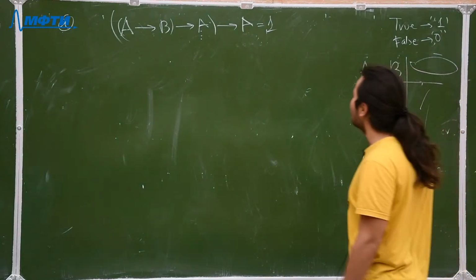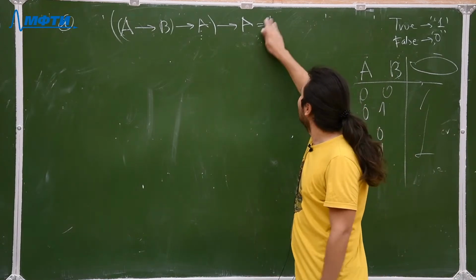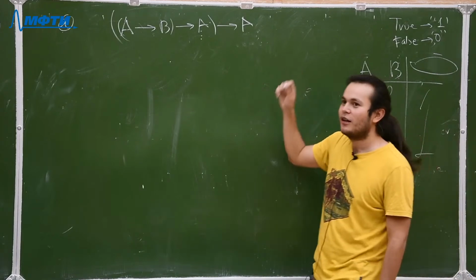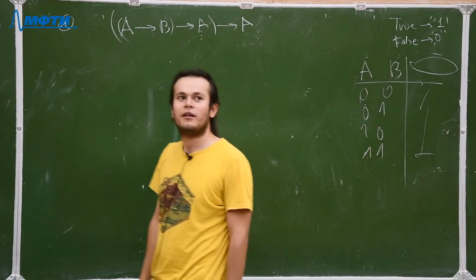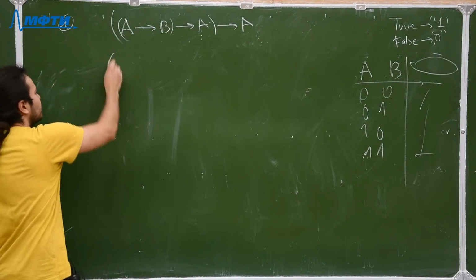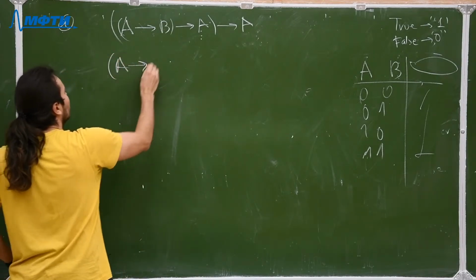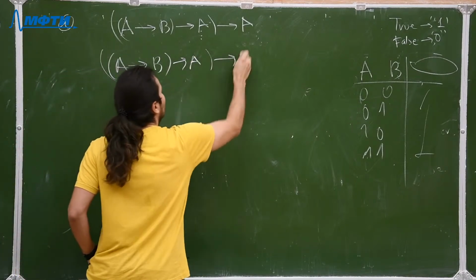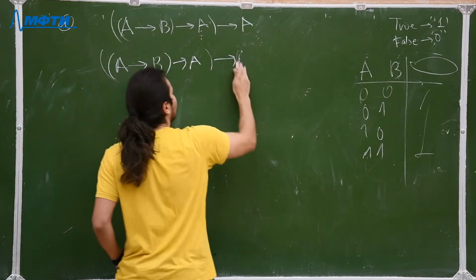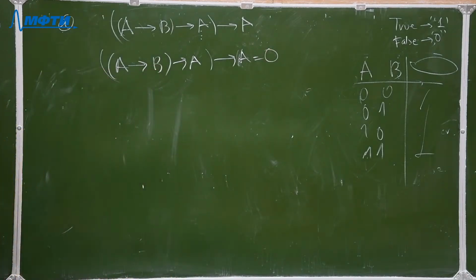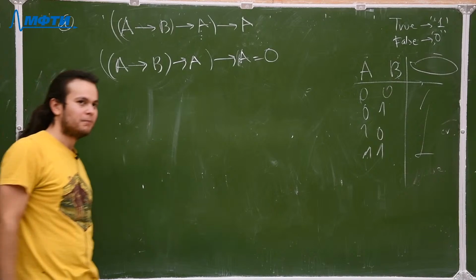So let's prove it by contradiction. What does it mean? So let's assume that this is false. And we have to come to a contradiction here.